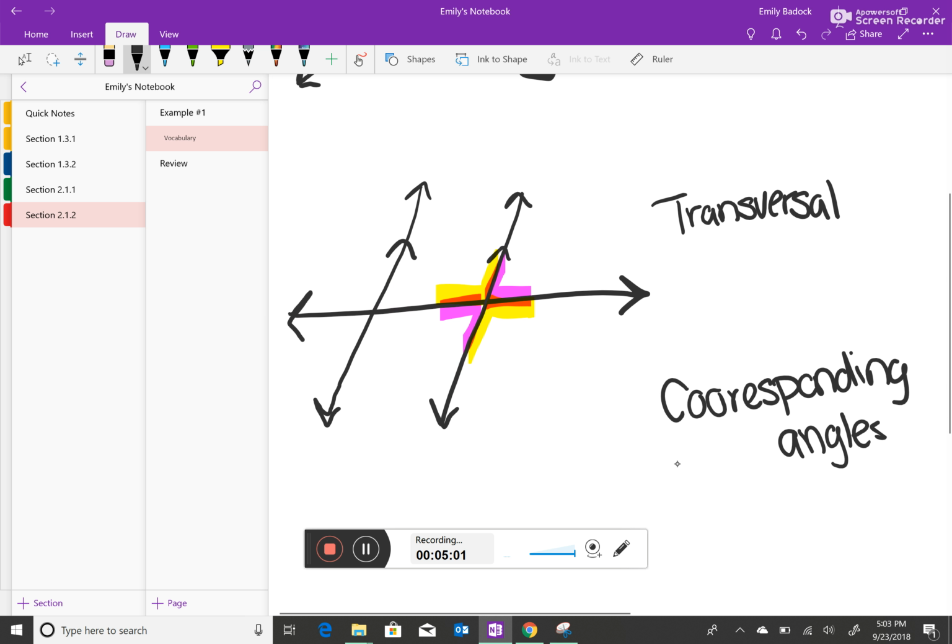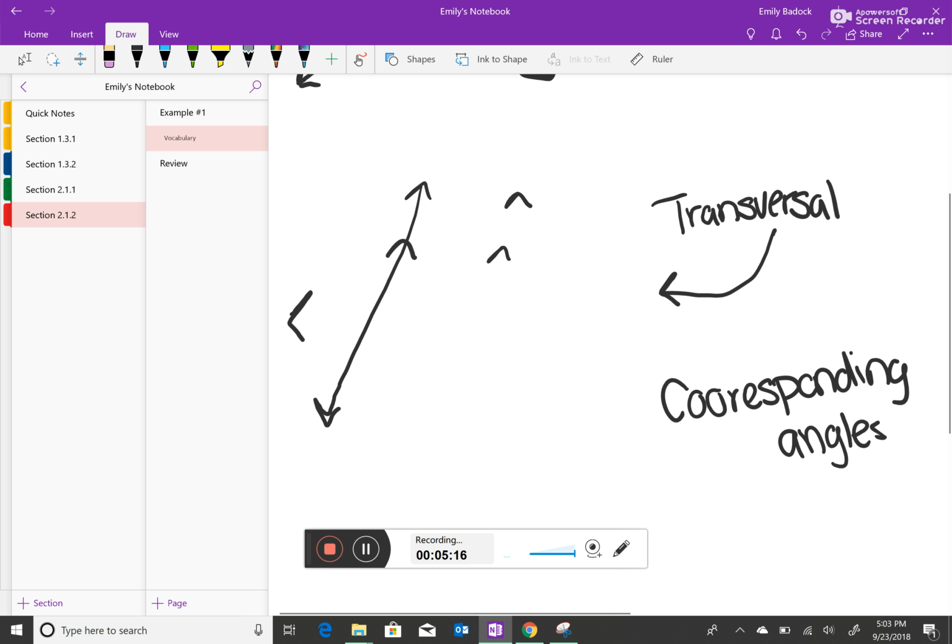So you have two parallel lines right here. This line right here is your transversal. It crosses two parallel lines. So corresponding angles, let me see if I can erase those without, oh no. Give me a minute, let me redraw that picture.